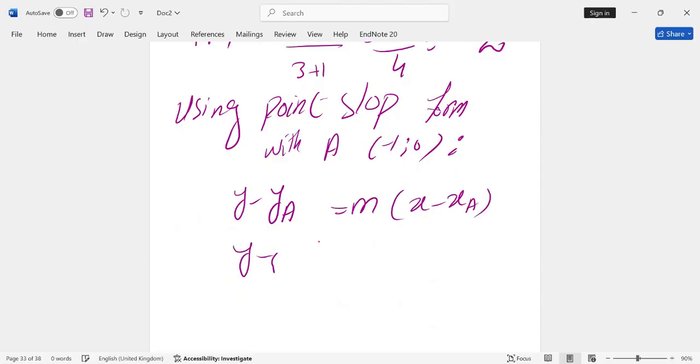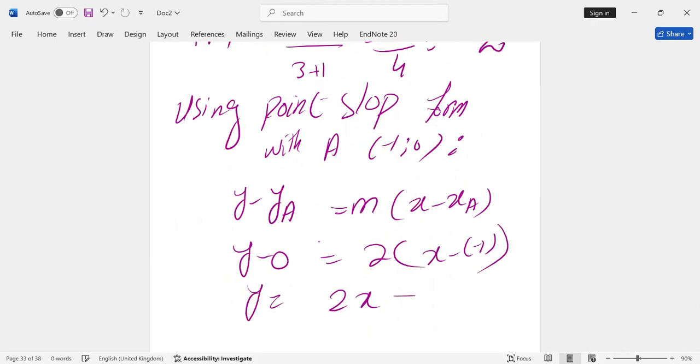So we write y minus 0 equals 2 into x plus 1. So y equals 2x plus 2. As you can see, this shows the equation of the line is indeed g of x equals 2x plus 2. And this is the required thing that we need to write over here.